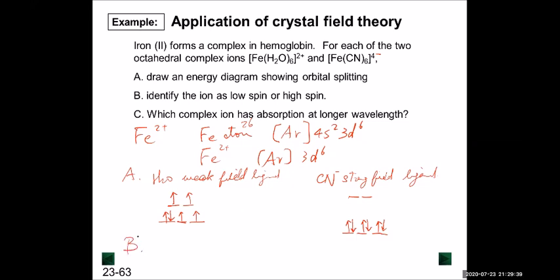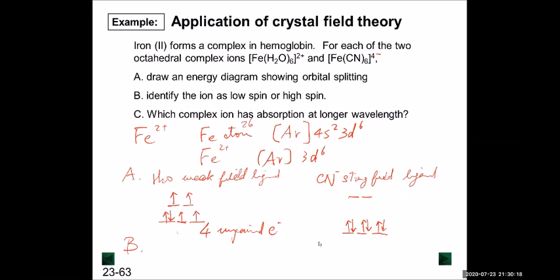Question B, identify each ion as low spin or high spin. Well, look at water as ligand. You can see there are 1, 2, 3, 4 unpaired electrons. That's high spin. Basically 3 is the dividing line between high spin and low spin.